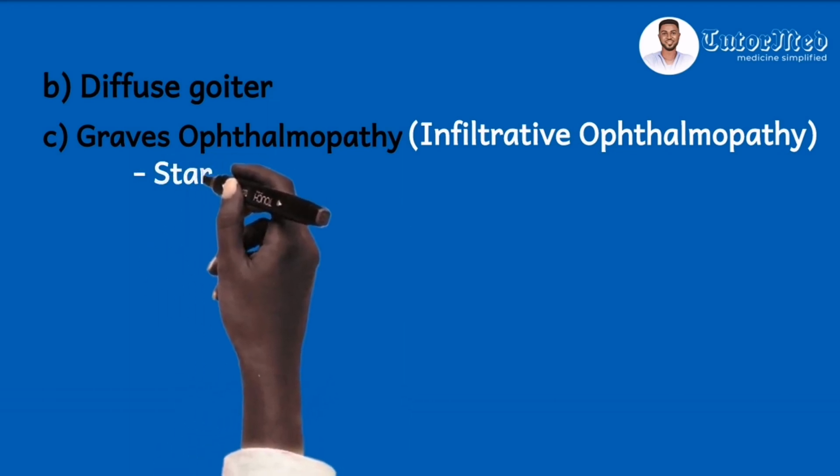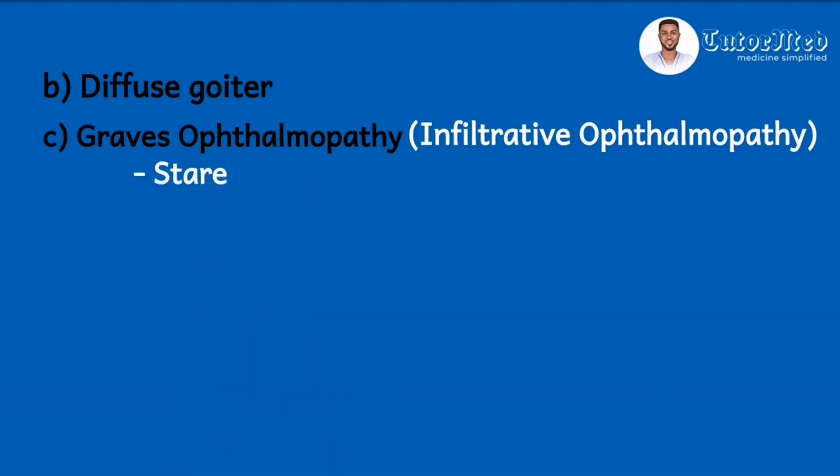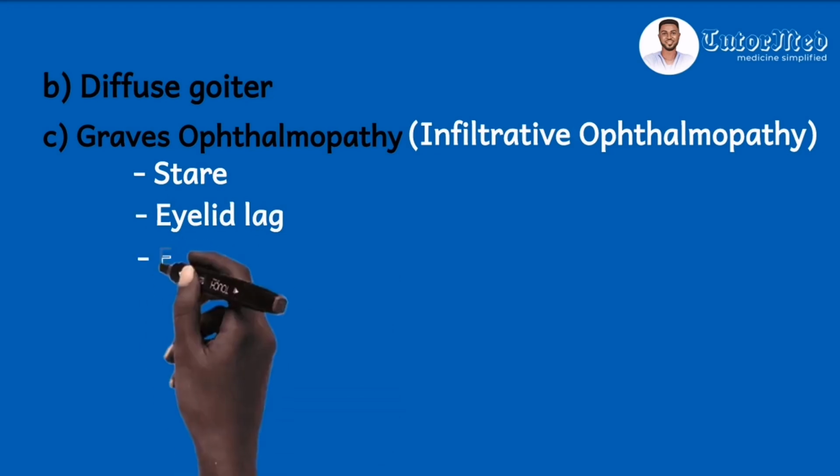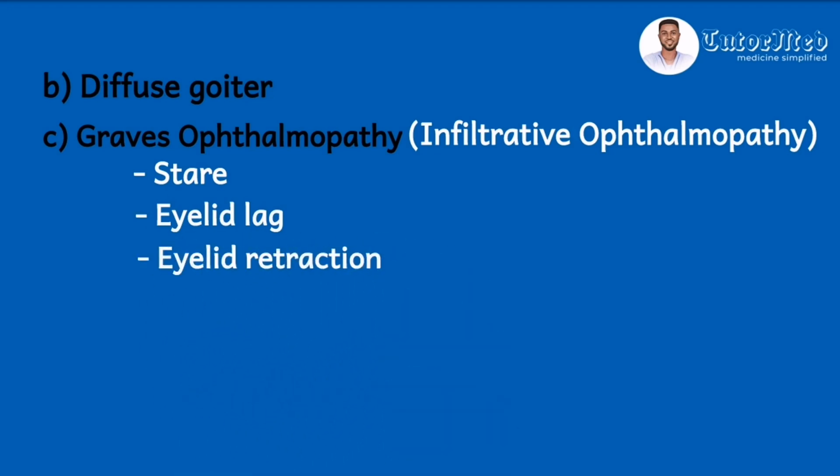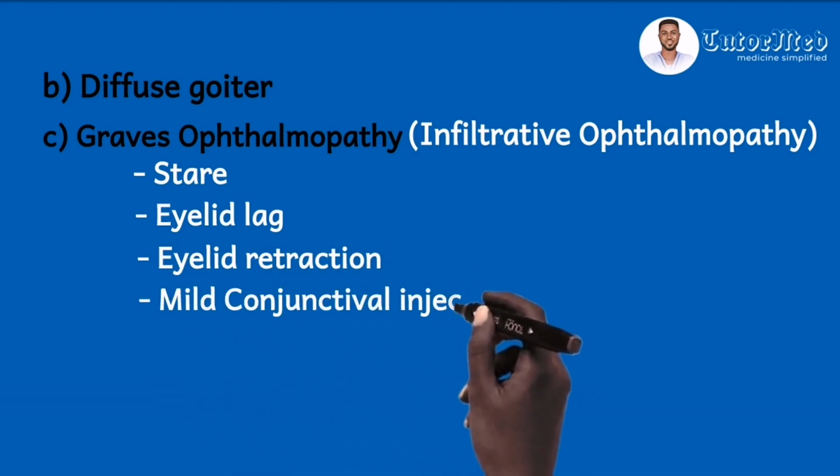And so you may see a stare. The patient looks at you, although it's not staring at you, but there is a stare. That is how the eyes would look. Then there is something we call eyelid lag or simply lid lag. There is eyelid retraction, and then there might be mild conjunctival injection.